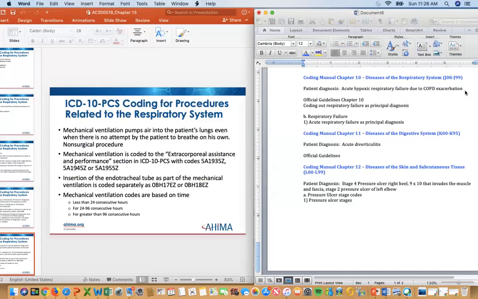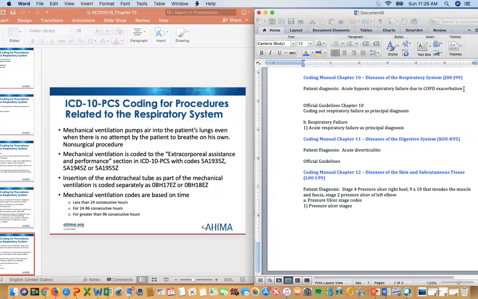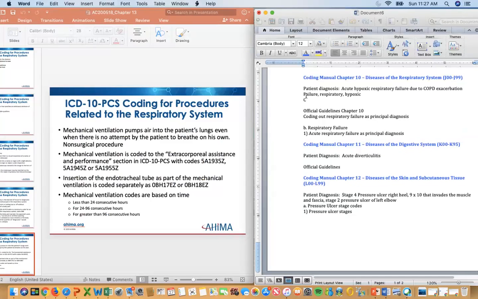My main term should be, I'm going to type that in there right now. And you're going to put failure, obviously. We're going to do respiratory. Again, we're kind of backtracking, hypoxic. And then we have COPD, chronic obstructive pulmonary disease. I'm not going to type that out. It's exacerbation then, if I can spell that.